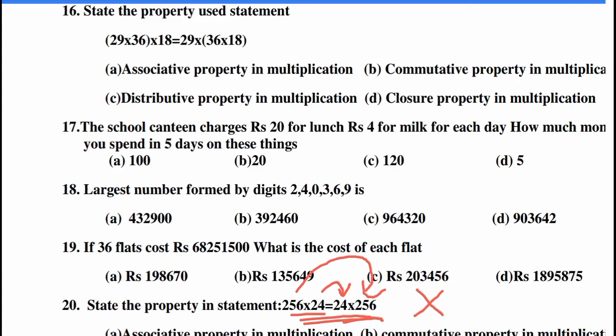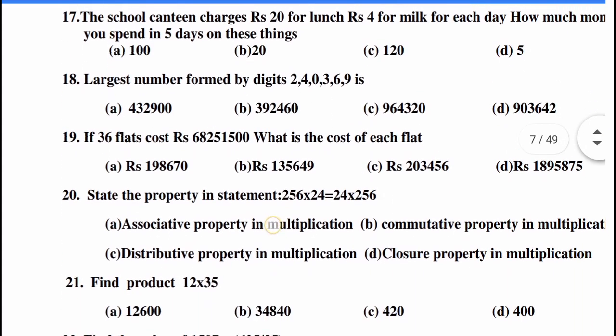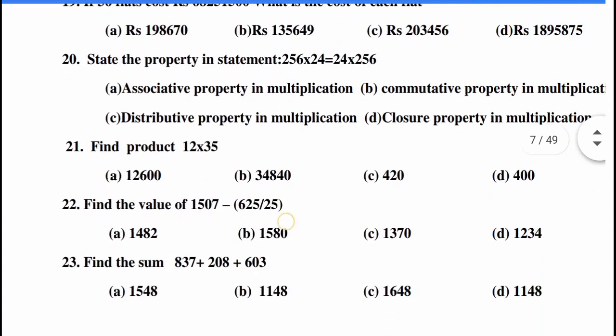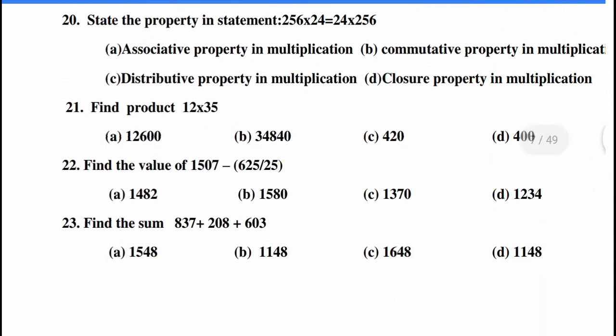So we can say that this property is commutative property in multiplication. And answer is option B, commutative property in multiplication.